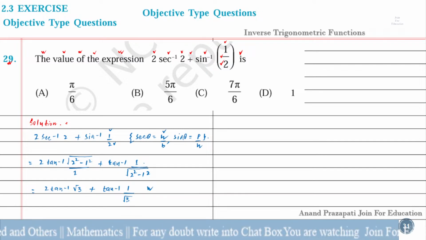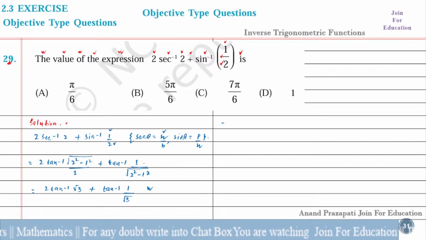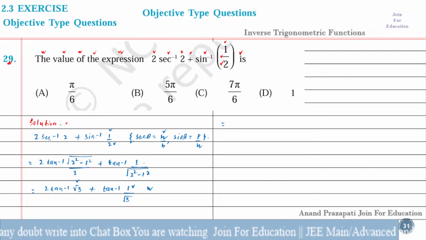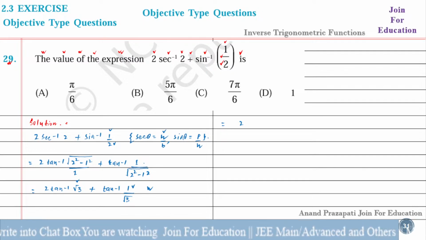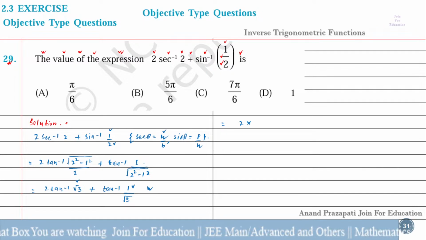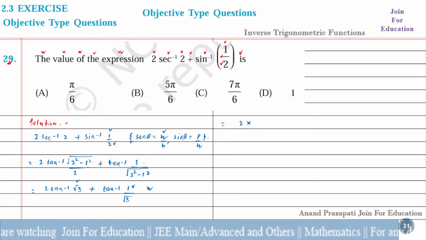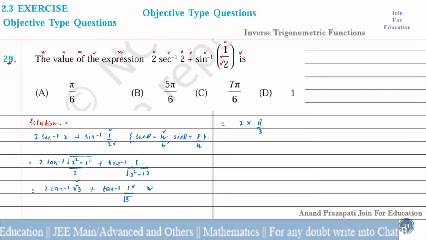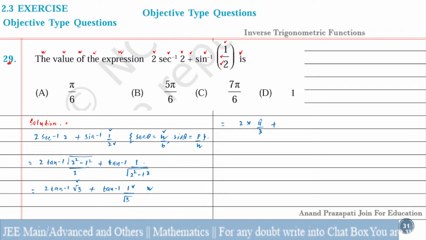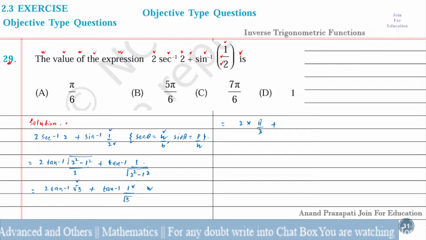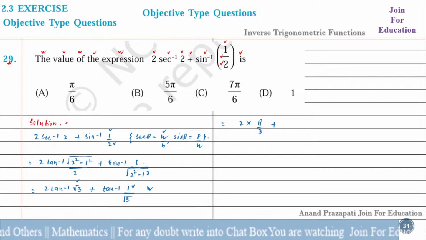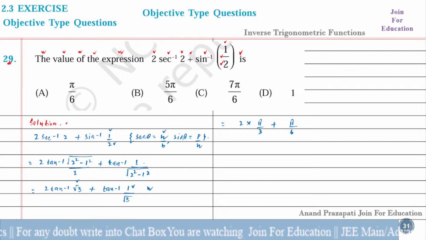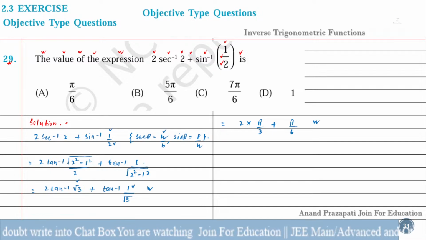So now we put the value of tan inverse root 3 and tan inverse 1 by root 3. Then we write down here 2 into the value of tan inverse root 3 is pi by 3 and plus we write down here the value of tan inverse 1 by root 3 is pi by 6. After there is no problem to understand up to this step.